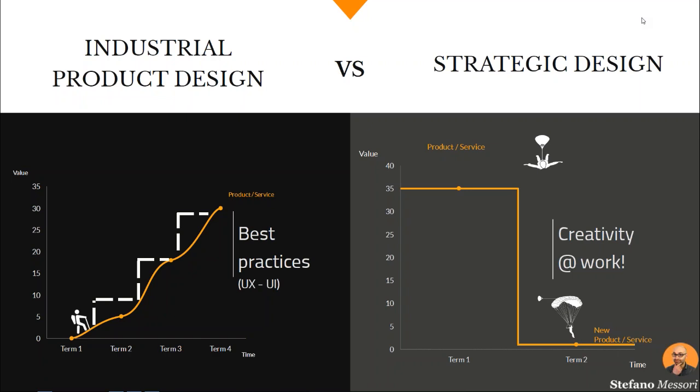And now, what is really interesting here, and I want you to think about this, is that when I speak about customer or user, I work with organizations that decide to apply strategic design to their internal customers. Who is the internal customer? Well, the internal customer is their employees. And they try to understand how we can use creativity in order to get employees more involved in the activities that the company is performing.